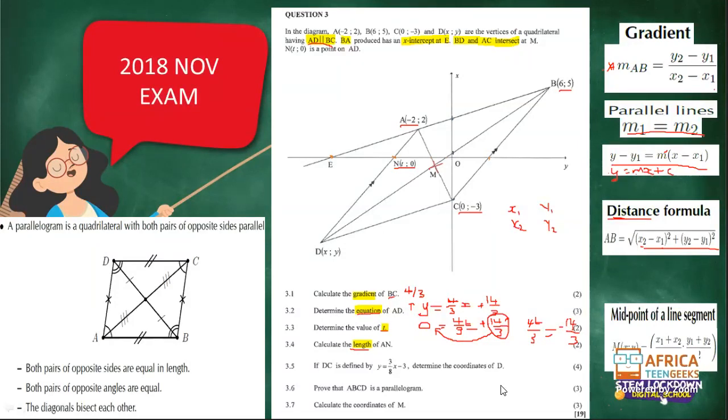So you're given the equation for the line DC. So this line is given by y equals 3/8.